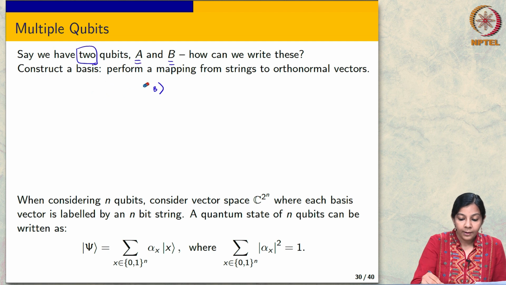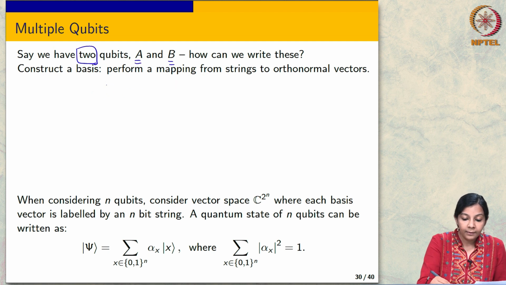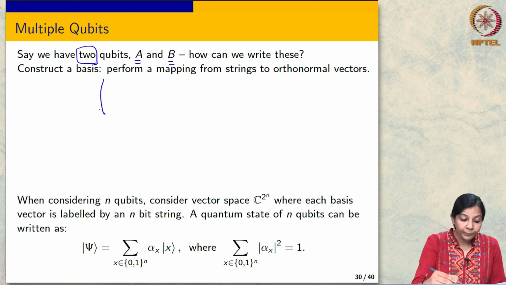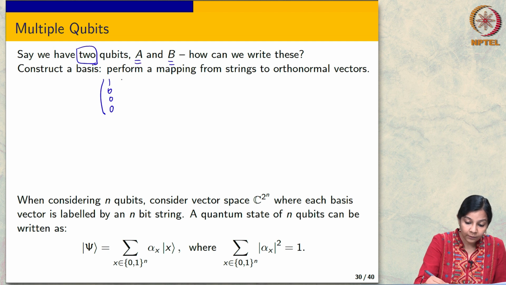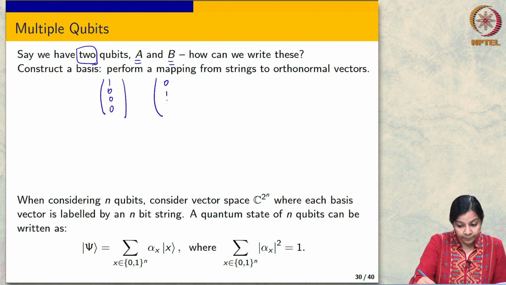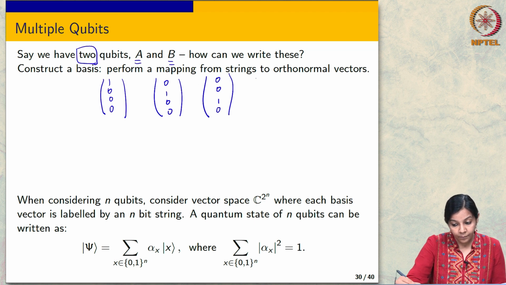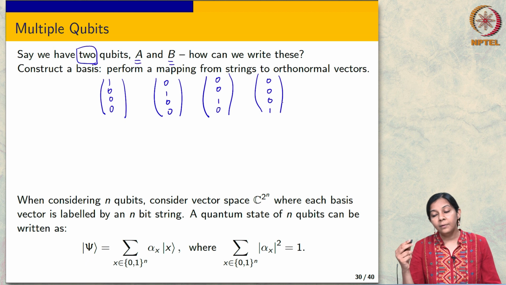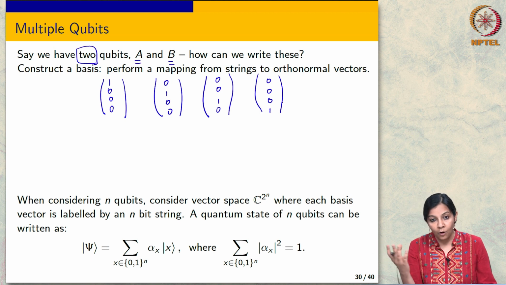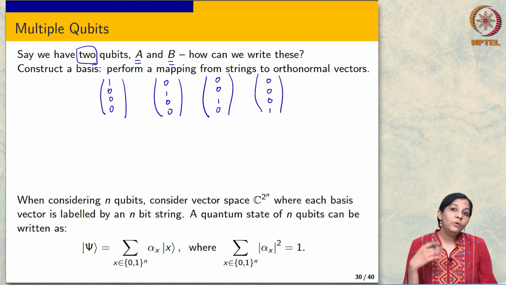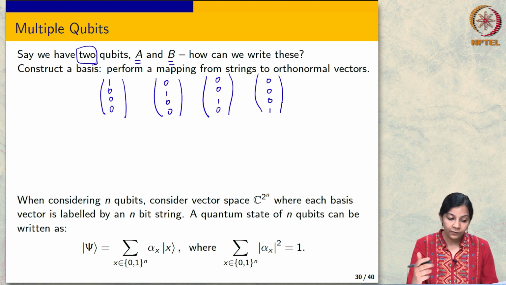Obviously, the standard basis that pops out for us over here is this. If I want to write this 2 qubit state as a linear combination of basis vectors, then the most natural thing for me to do is extend my basis vectors to handle this larger dimension, which is what I have done over here.